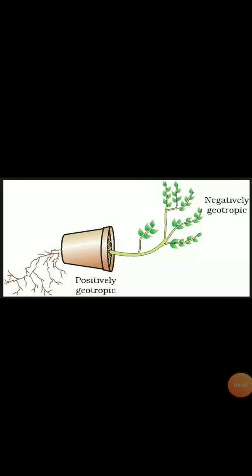Now let us talk about geotropism. Geo means earth, or else we can consider it as gravity. So plants or trees show geotropism. Now here also we will consider two words, positively geotropic and negatively geotropic. Positively geotropic means which shows movement towards gravity, and negatively geotropic means which goes away from the gravity.